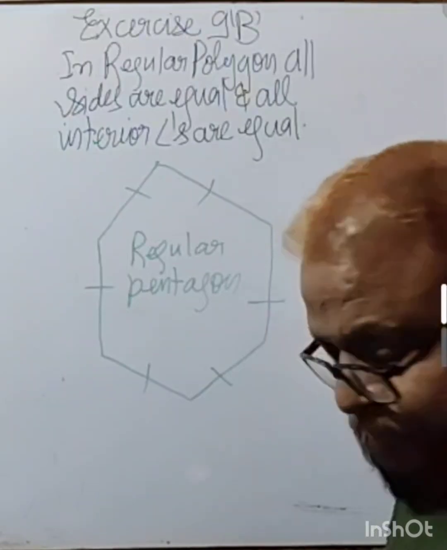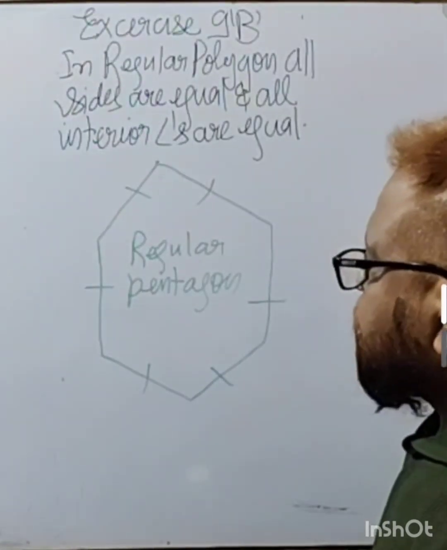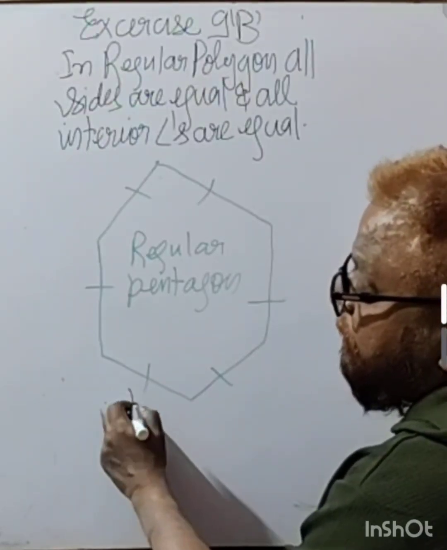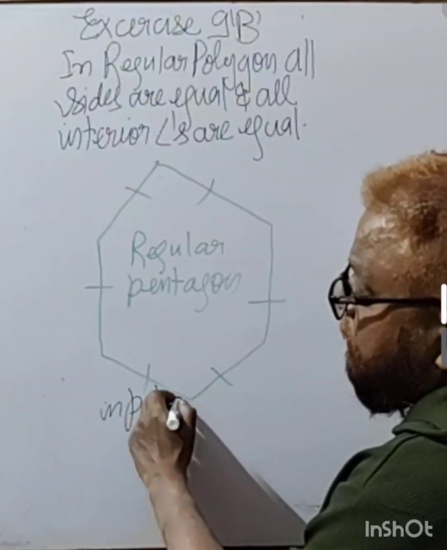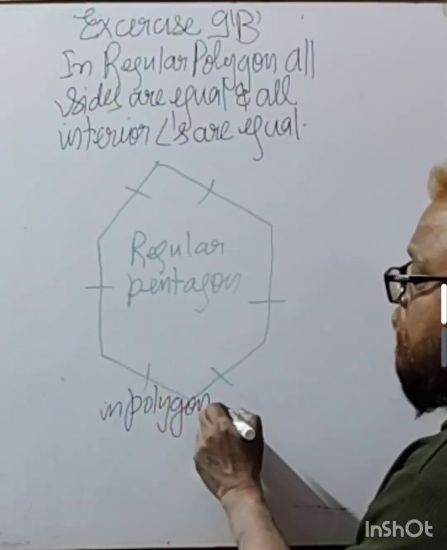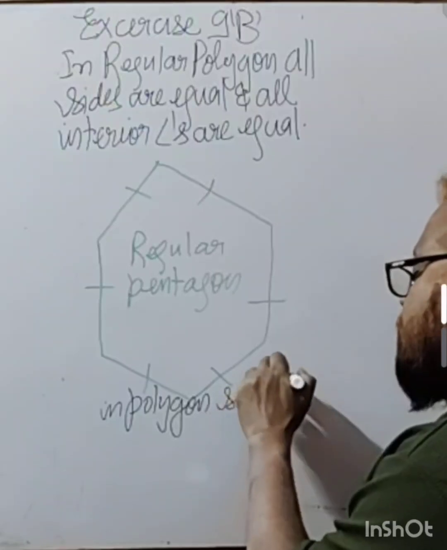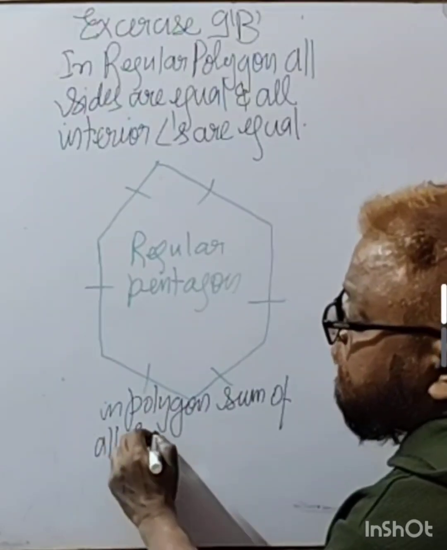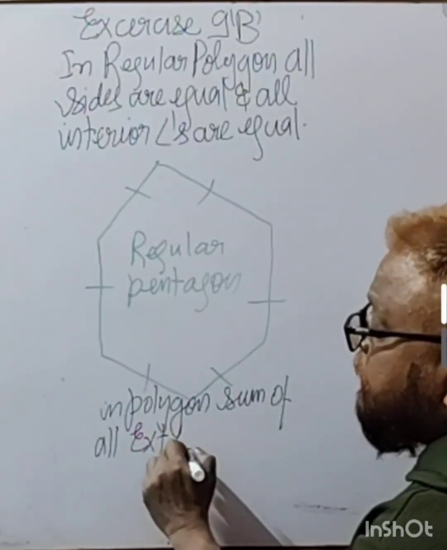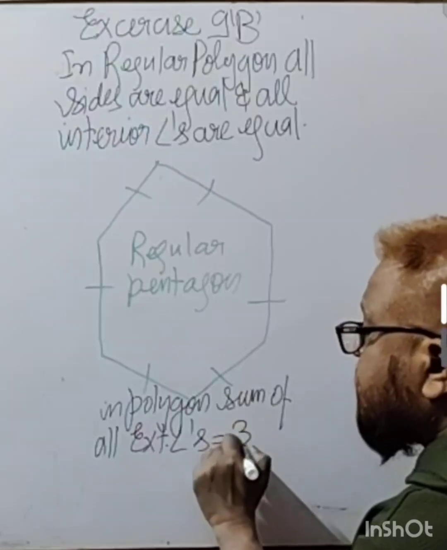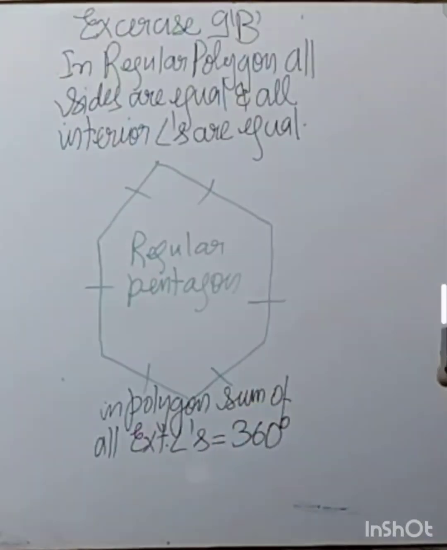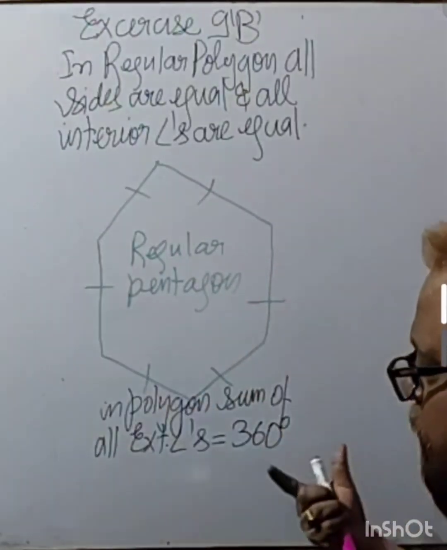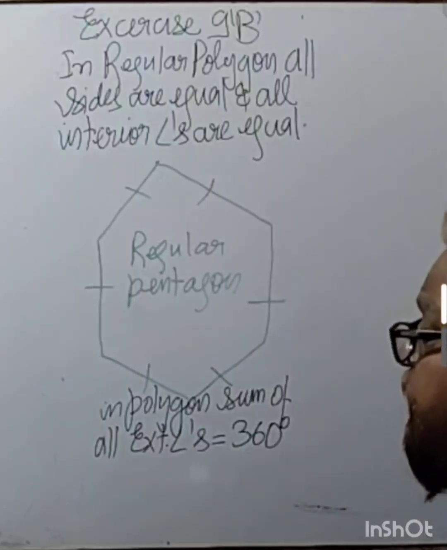So I told you in a polygon, the sum of all exterior angles is equal to 360 degrees, right? It does not matter how many sides it has. The sum of all exterior angles is equal to 360 degrees.